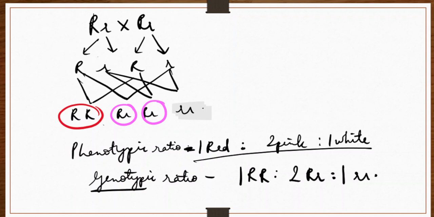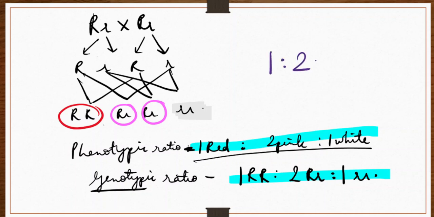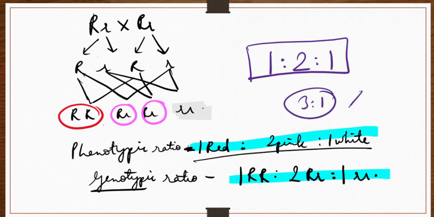So here both the genotypic and the phenotypic ratios were coming as 1 is to 2 is to 1. In this case 3 is to 1 was not the case for the phenotypic ratio. But when we studied the monohybrid cross, we got that the phenotypic ratio should be 3 is to 1. But here we are not getting 3 is to 1. So this is a deviation from Mendel's experiment.